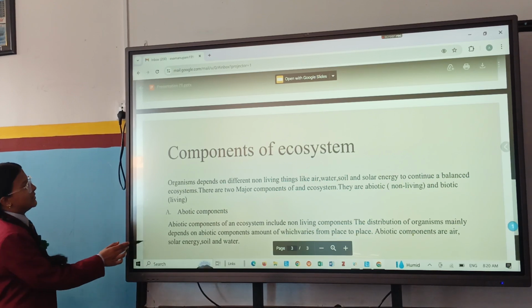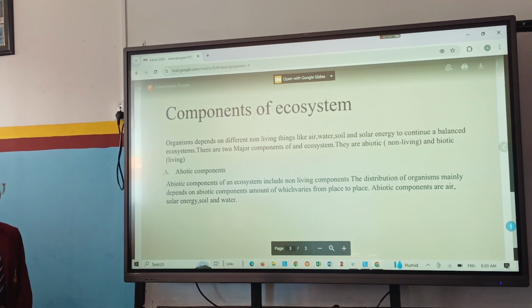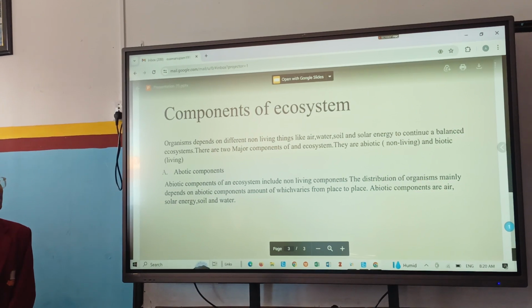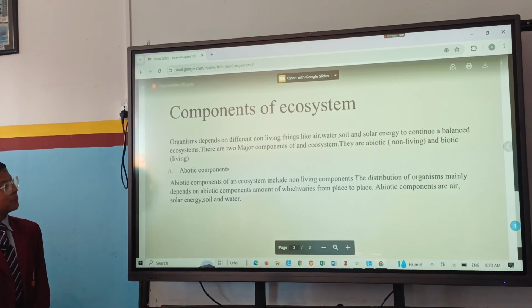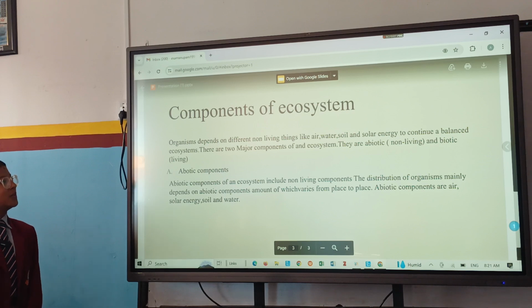Components of the ecosystem. Organisms depend on different non-living things like air, water, soil and solar energy. To continue a balanced ecosystem, there are two major components of an ecosystem. They are abiotic (non-living) and biotic (living) components. First component is abiotic components.